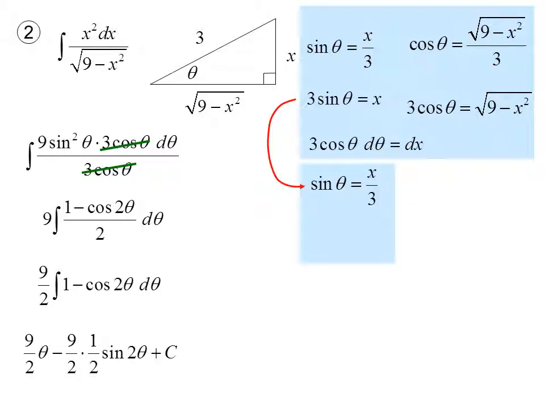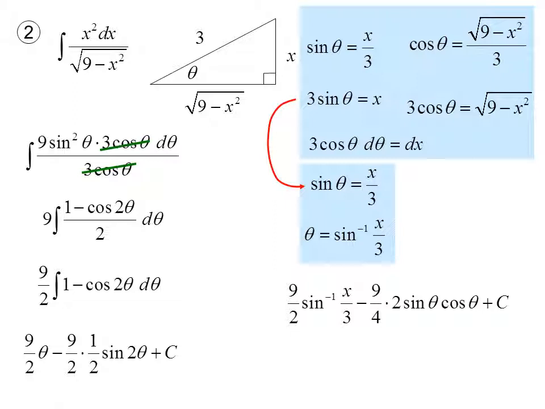But sine theta was x over 3, and theta equals inverse sine x over 3. So we have 9/2 inverse sine x over 3 minus 9/2 times 2 sine theta cosine theta plus c, using a trig identity again, the double angle formula.